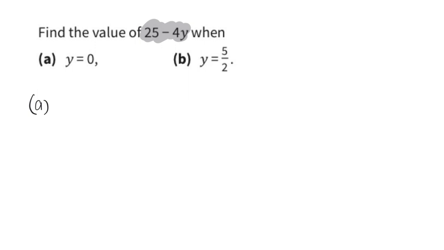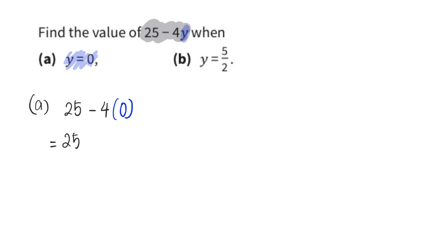Since they give us y is equal to 0, we would then have to just write 25 minus 4 bracket 0. Every time we substitute a value in for the variable, we usually use a bracket to denote that.